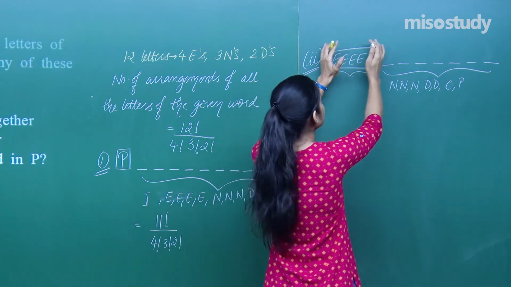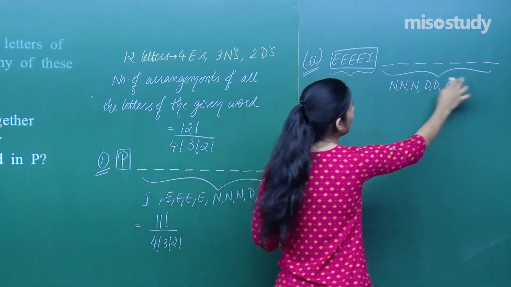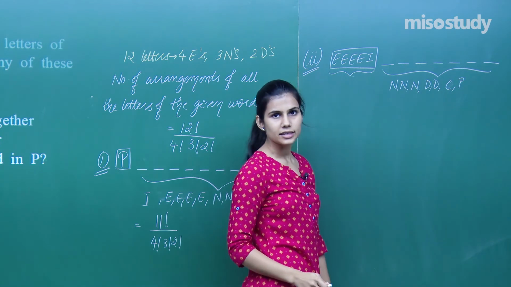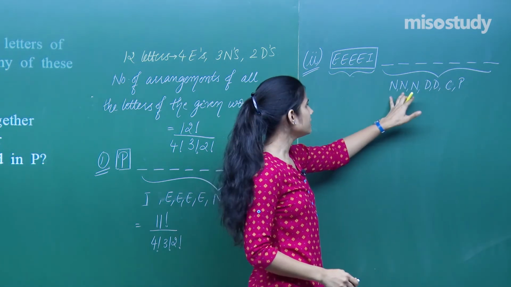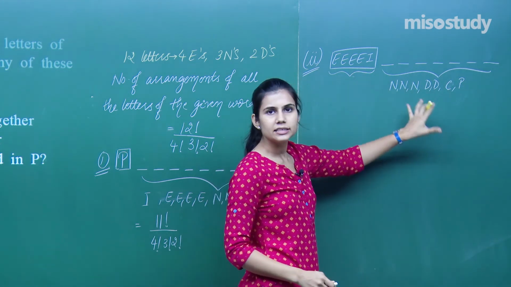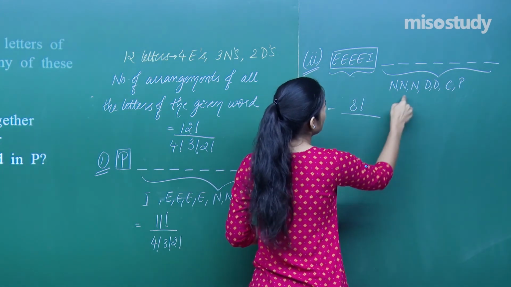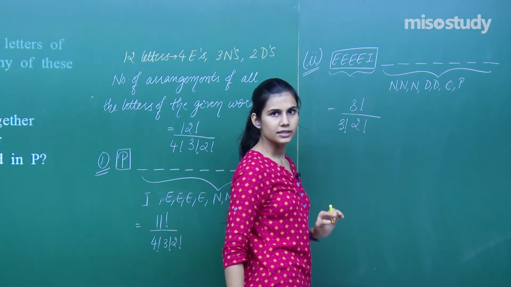So if you just consider this complete as one single letter, you have 8 blank positions and 8 letters available with you, 7 these and 1 letter these. In how many ways can you arrange 8 letters, 8 distinct letters, or not distinct because there are same similarities available? In how many ways can you arrange 8 letters in 8 places? In 8 factorial, and this is what? 3 are same of one kind, 2 are same of one kind.